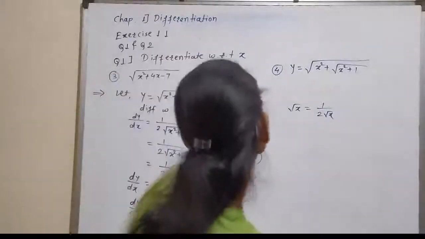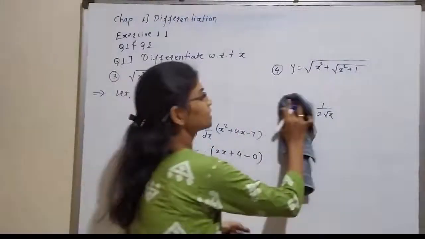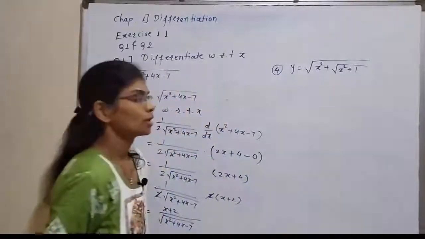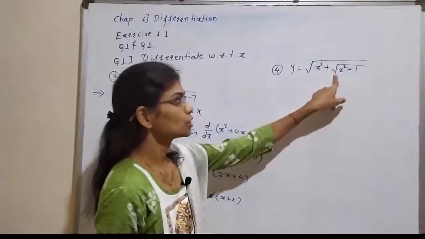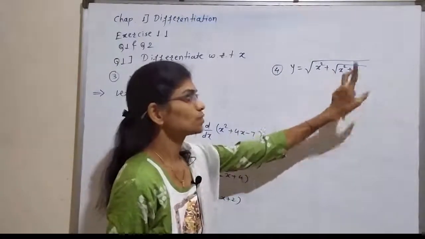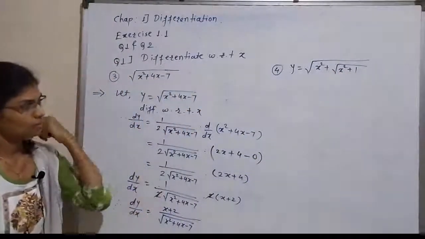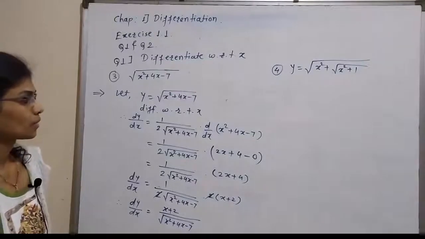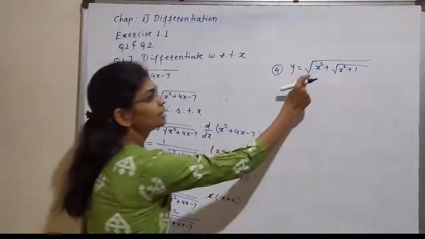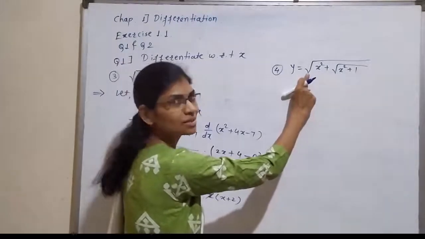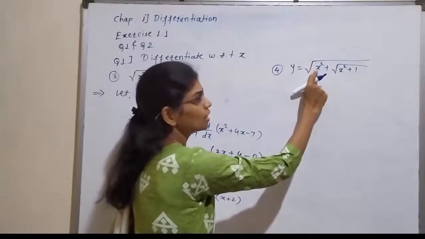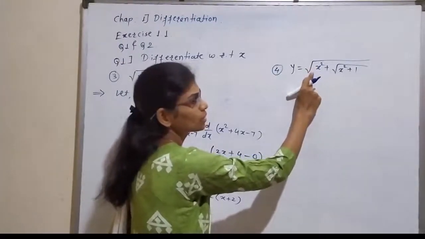Now the next example is y is equal to square root of x square plus square root of x square plus 1. Here the whole function is in the form of a square root.